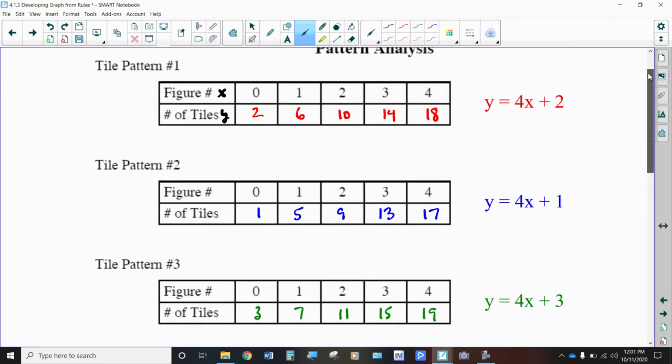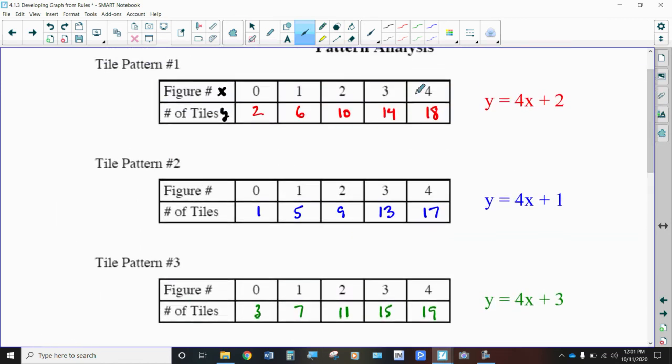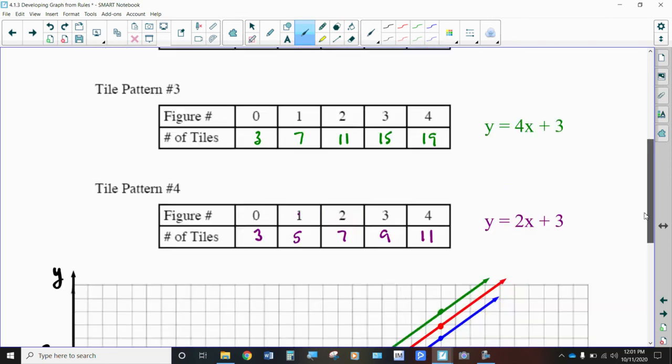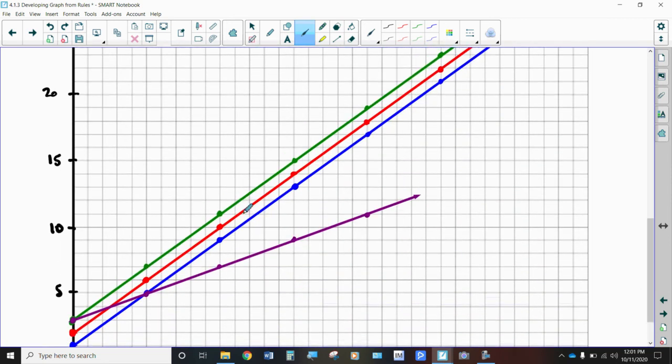Notice all 3 of these graphs for these 3 tile patterns that all have the same growth rate have lines that are all parallel to each other. That's something that is worth noting, that when 2 equations have the same growth rate, their lines will be parallel on the graph.